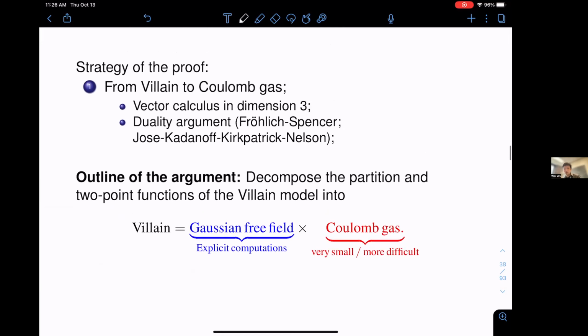So the goal is to basically give a rigorous statement that you can write the Villain model in terms of a product. You can write the partition function, for example, as a product of a Gaussian free field and a Coulomb gas, because the first part we understand very well. It suffices for us to understand the Coulomb gas part.